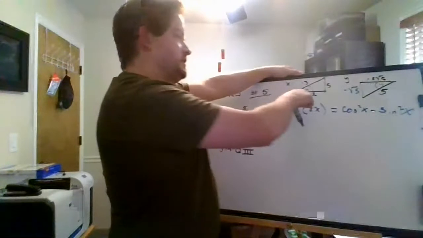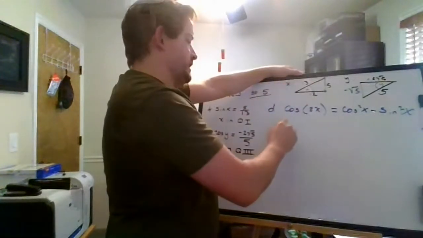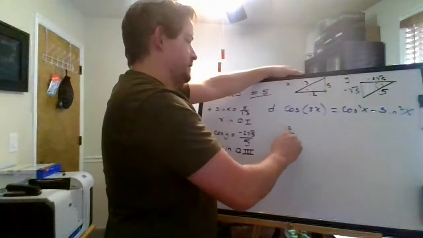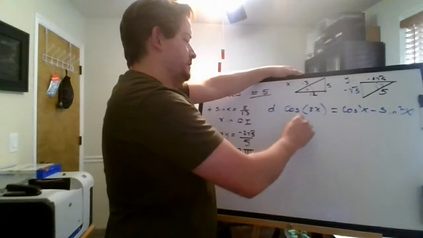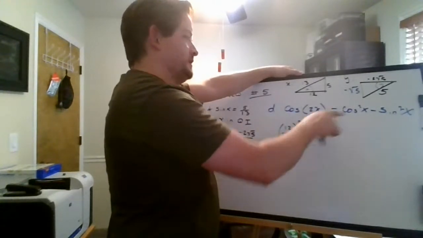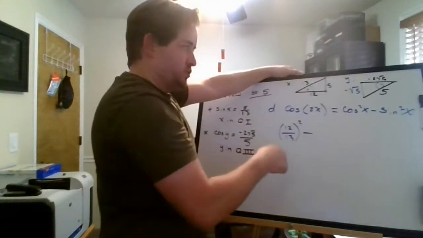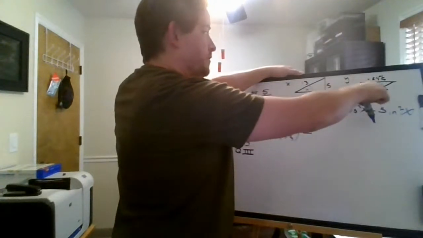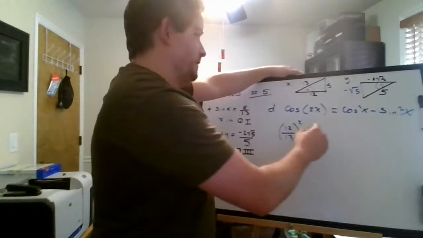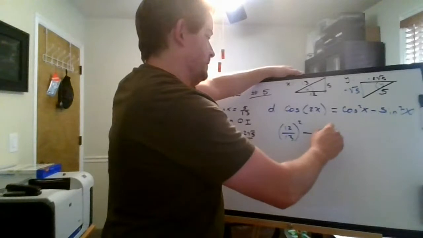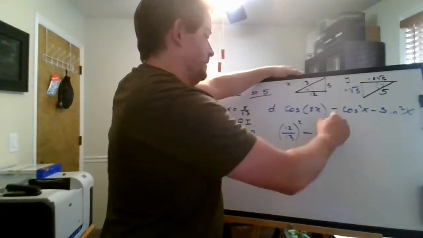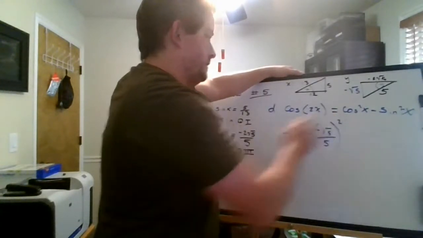The cosine of x comes from here. That's 12 over 13. That gets squared. Minus the sine of x squared. The sine is negative root 5 over 5. That gets squared. Right?